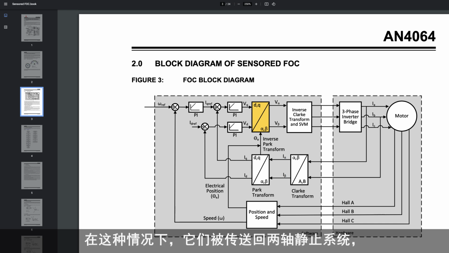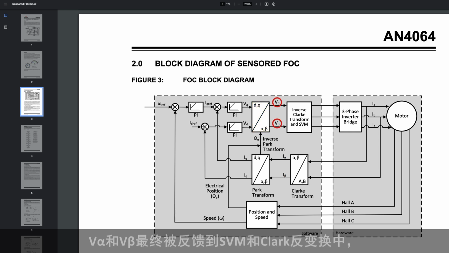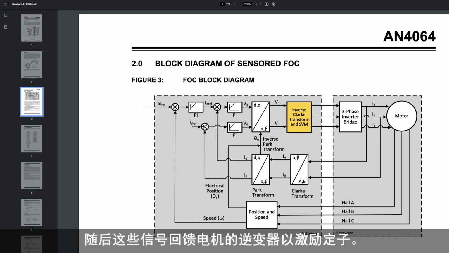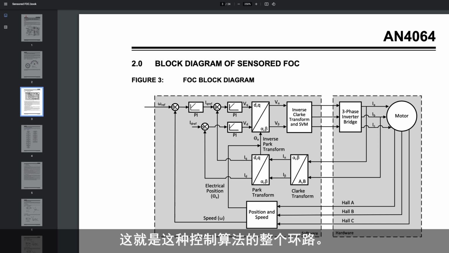They are transferred back into a two-axis stationary system, V alpha and V beta, which are eventually fed into SVM and inverse Clarke transform to make sure they are interpreted into the appropriate PWM signals, which are then given to the inverter of the motor to drive or energize the stator. This is how the whole loop works for this control algorithm.